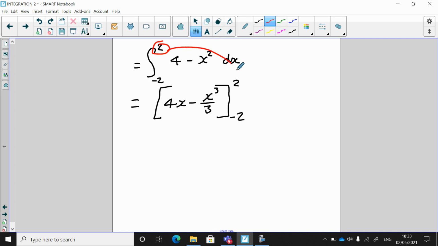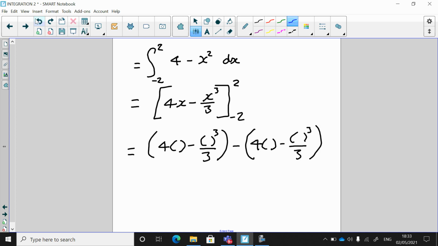Make sure you get a positive 2 as the upper limit and negative 2 as the lower limit. So I've copied and pasted the expression I had before, and between the two of them, please note, and I like to emphasize, it's always a subtraction there. That's got nothing to do with the negative inside, we all subtract here.